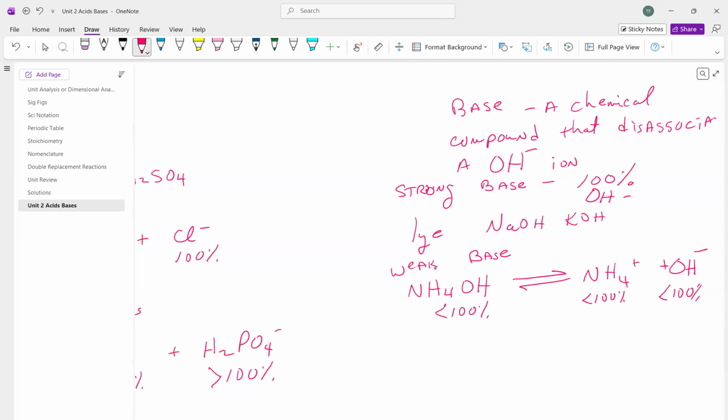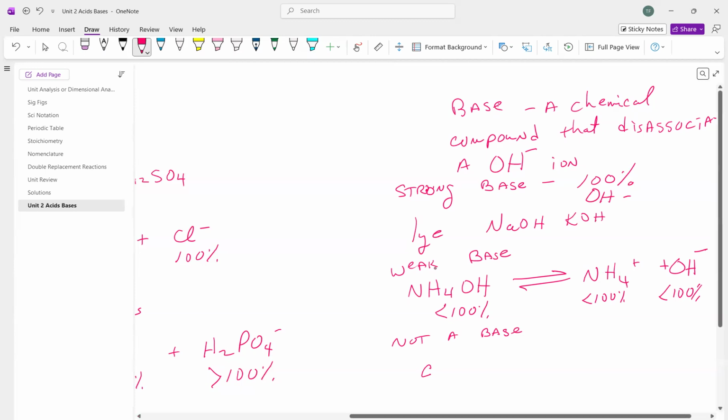Now, again, it's got the double arrow. That means there's some of what you start with, and some of what happens when you dissociate the OH from there, and then there's not a base.